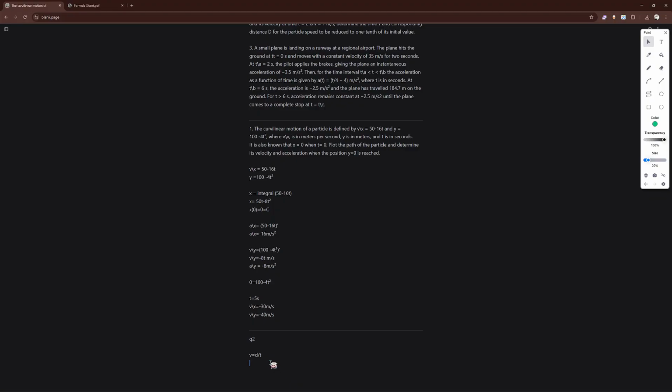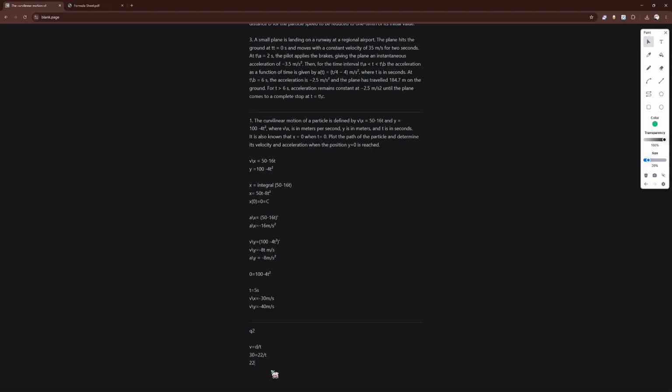So we're going to have 30 is equal to 22 over t. So just flip it around. 22 over 30 is equal to t, which is 0.733 seconds. Okay, that's the time it takes for him to make this jump.